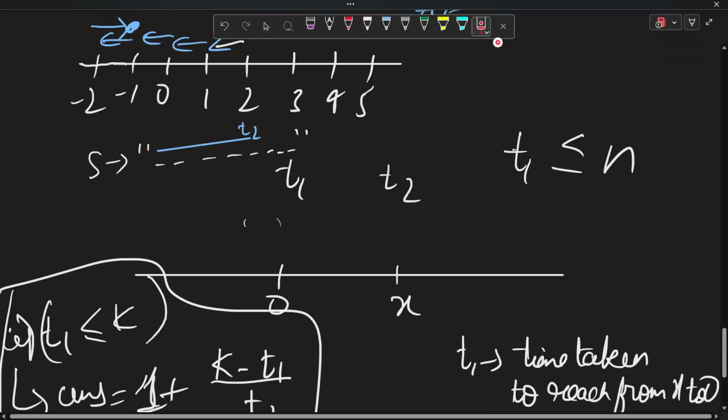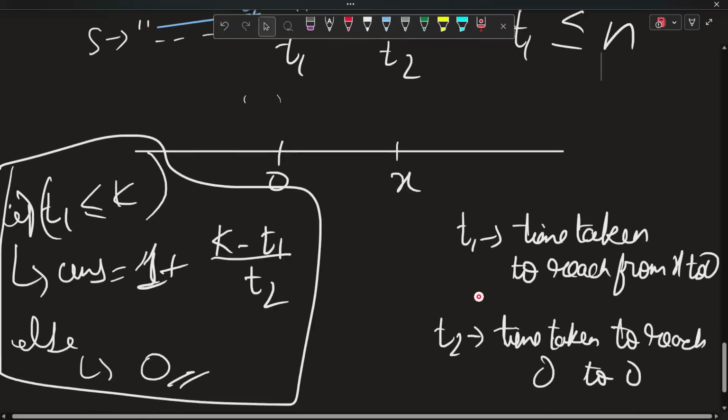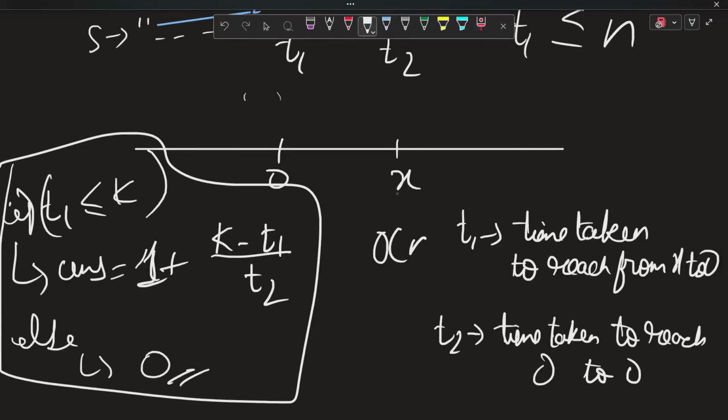So if after n instructions you don't reach 0, just return 0, that you would never reach 0. This is only valid if you reach 0 in the first n seconds, because after n instructions you don't have any more instructions. So this t1 calculation would take at max an order of n time.